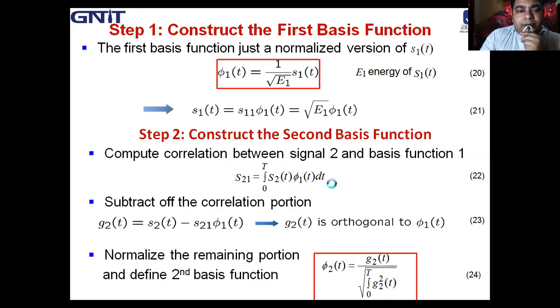Now we can say that there is an intermediate function, say g_2(t), which is s_2(t) minus s_21 phi_1(t), and g_2(t) is orthogonal to phi_1(t).